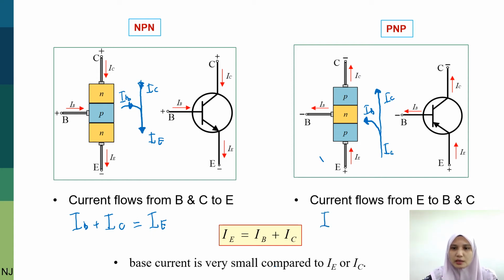Sorry, this is IE, so IE equals IB plus IC. For both cases, IE equals IB plus IC. But please note that the base current is very small compared to the emitter current or collector current.